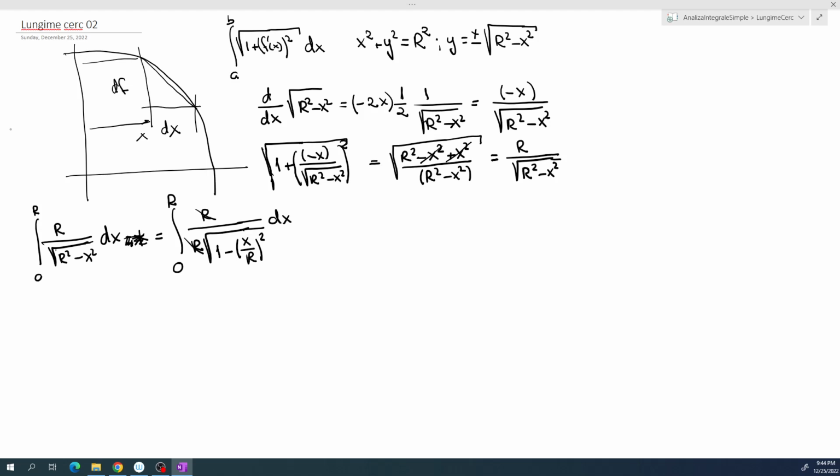This simplifies, and now we do the following.